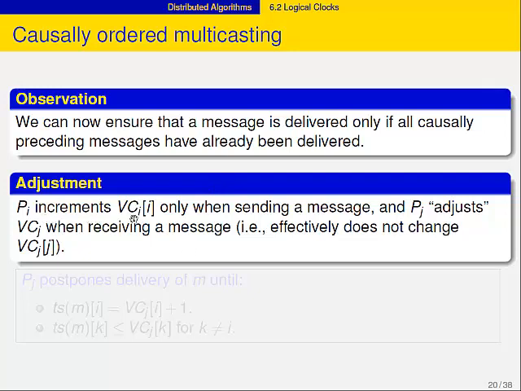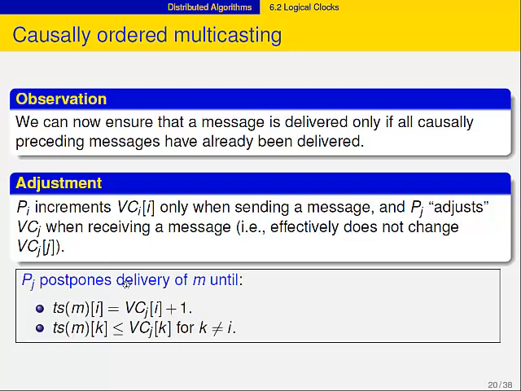PI increments VCII only when sending a message. And PJ adjusts VCJ when receiving a message. That is, it only changes the maximum things, but not its own VCJJ. And it postpones delivery of a message until these 2 conditions hold.